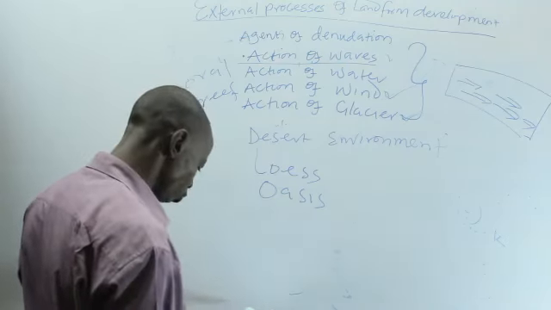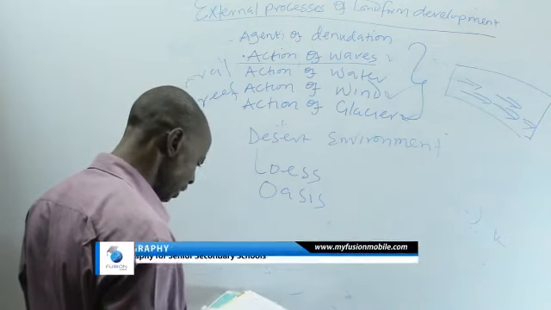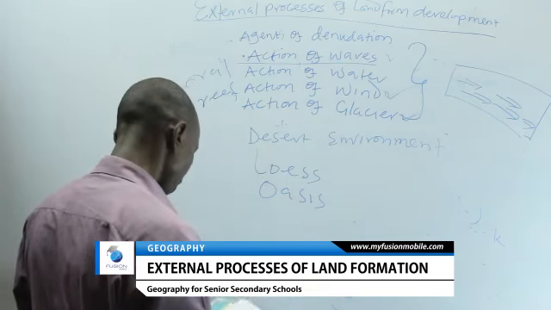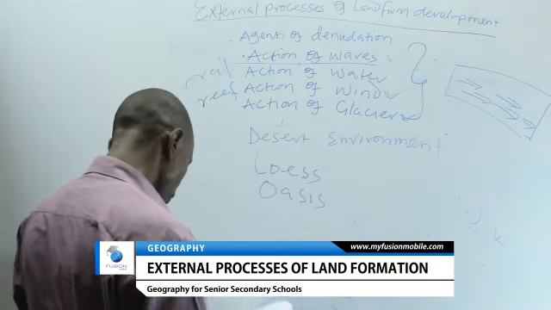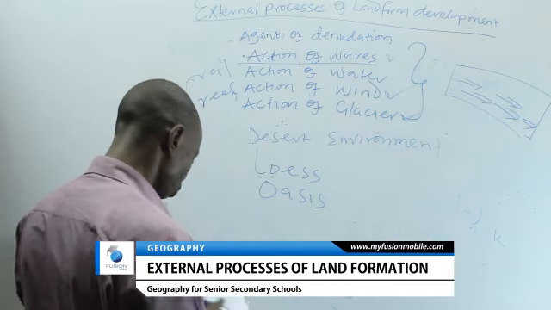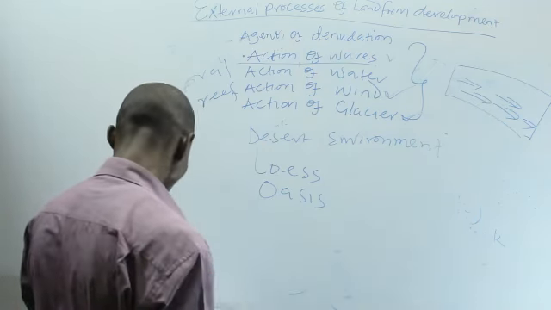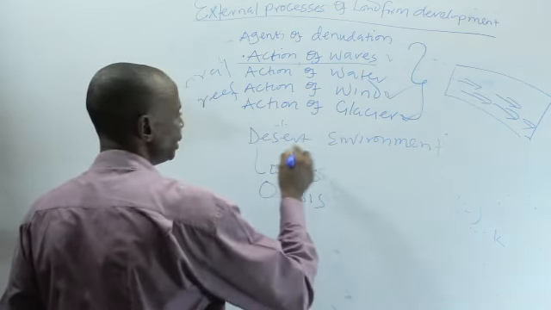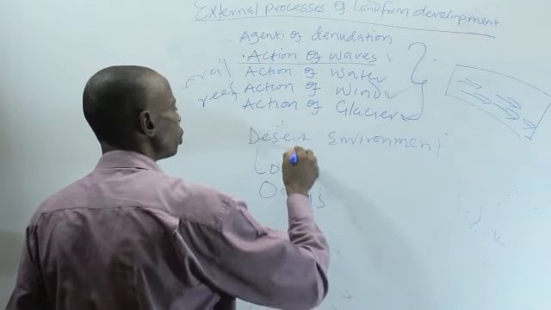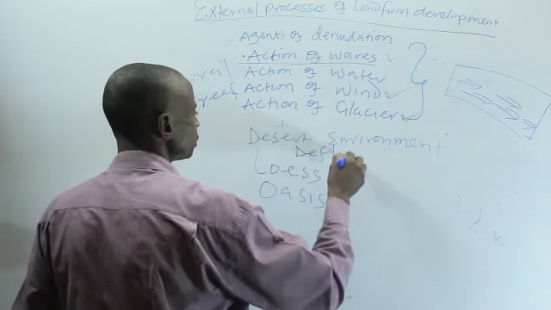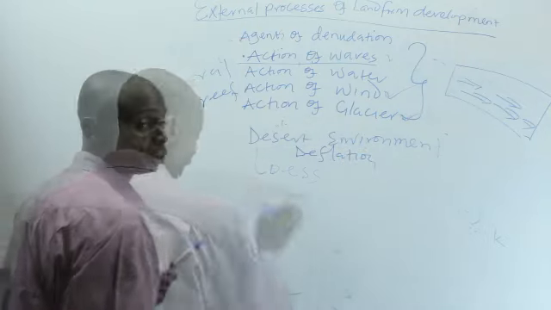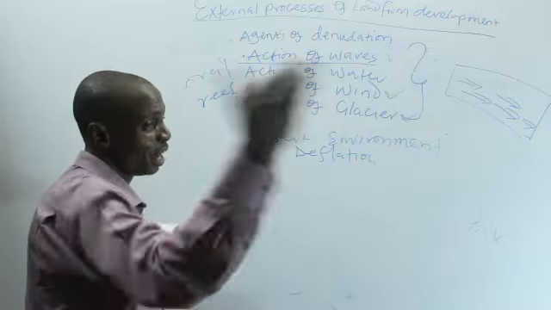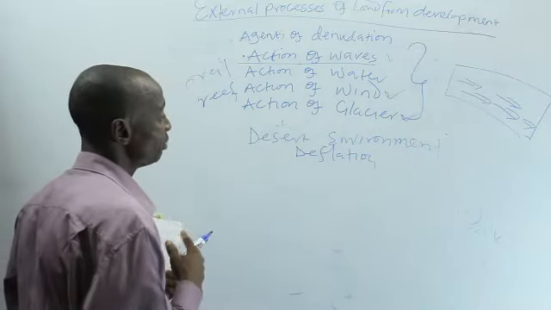But how does wind carry its material, and how does it move the material from one place to another? Number one, wind can carry the material from one point to another through what we call deflation. To deflate, remember, you don't have vegetation, the place is open, so wind can carry any material and blow it. That is deflation.